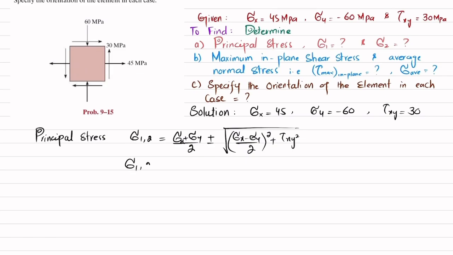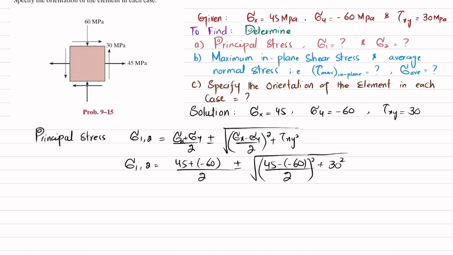Sigma 1,2 is equal to 45 plus minus 60 divided by 2, plus minus the square root of 45 minus minus 60 divided by 2 whole square plus tau of xy, which is 30 square.